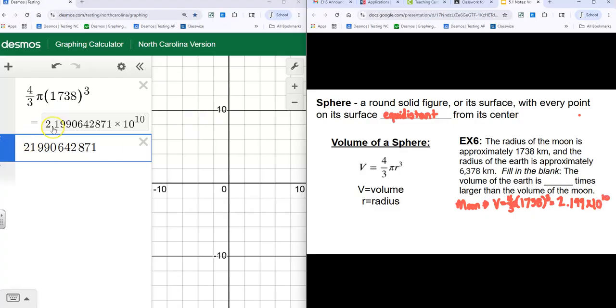You would move your decimal 10 places to the right, 1, 2, 3, 4, 5, 6, 7, 8, 9, 10, all the way to the end, right? It would be this number right here for that.